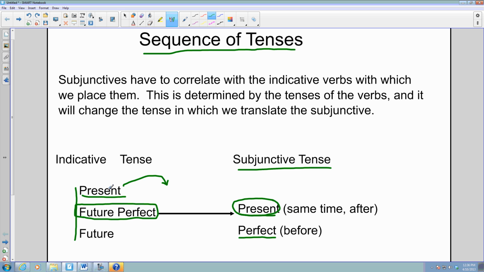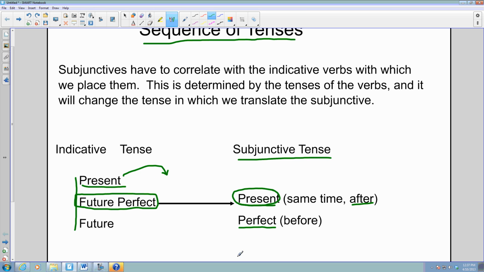So if I have a present tense, I am loved, and a subjunctive in the present tense, I could have I am loved when I go home, or after when I should go home, or when I do go home in the future. A little bit confusing, but not terrible.